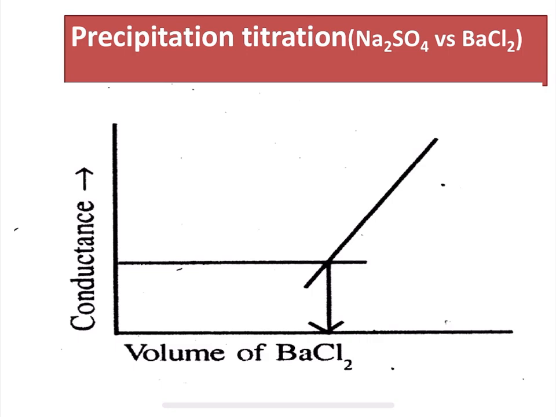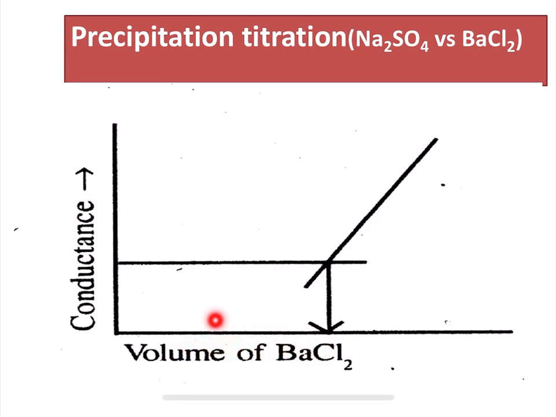If we continue the titration after attaining the end point, then barium chloride is going to accumulate. Barium chloride is a strong electrolyte, which means it is going to dissociate into Ba2+ and Cl-, hence the conductance increases rapidly. So the end point can be obtained by plotting a graph with the conductance on the y-axis and volume of barium chloride added on the x-axis.